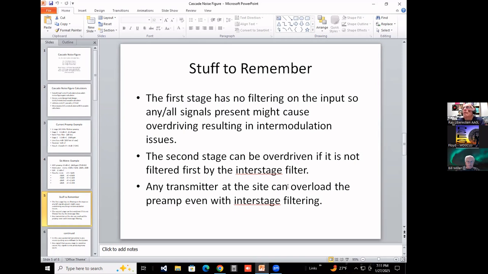Any transmitter at the site could overload the preamp, even with interstage filtering. We have an AM station down there. That's why we have it turned off when we're actually trying to do pulsar work, because we could be susceptible to, say, even 6 meters getting through the filter up there. It's not that good a filter.